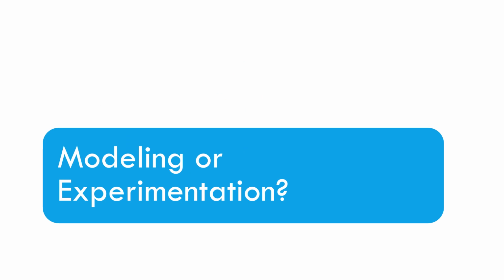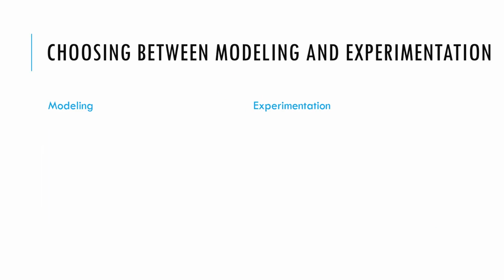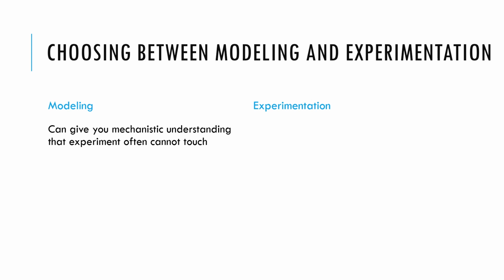Modeling or experimentation? Do I build a model or do I go the experimental route? They of course have their relative advantages. So modeling, for example, can give us mechanistic understanding that is often very hard for the experiment.